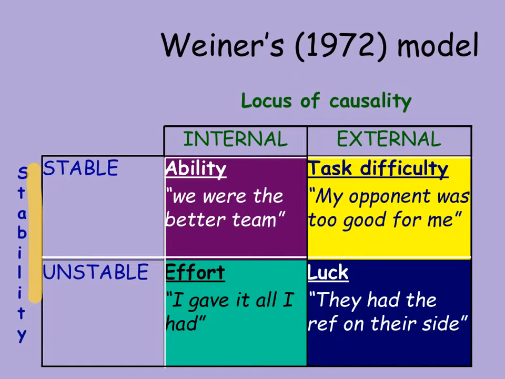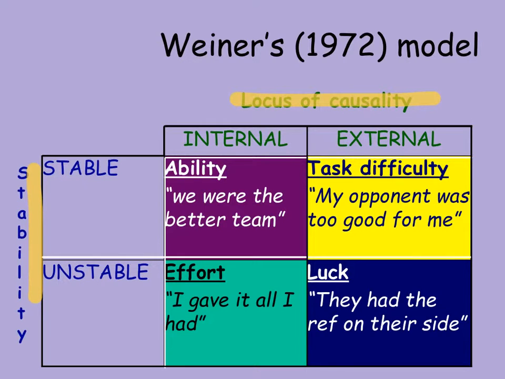And then we've got the locus of causality, so who caused it, whether it was the person, so it's internal, or was it somebody else or something else, external. So there are our two dimensions, and the four main groups of attributions make up the combinations in the middle.